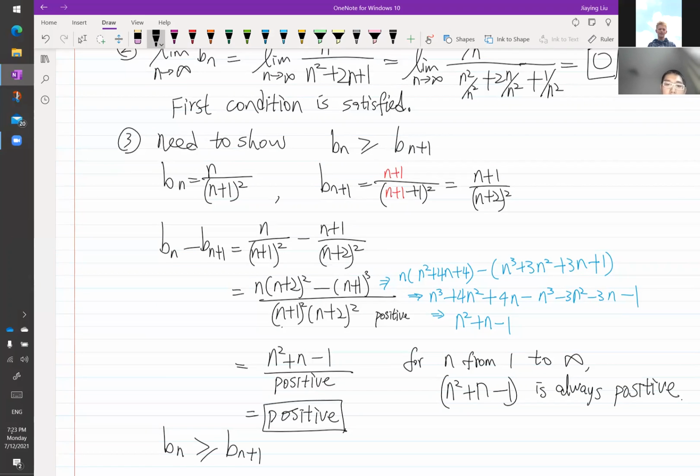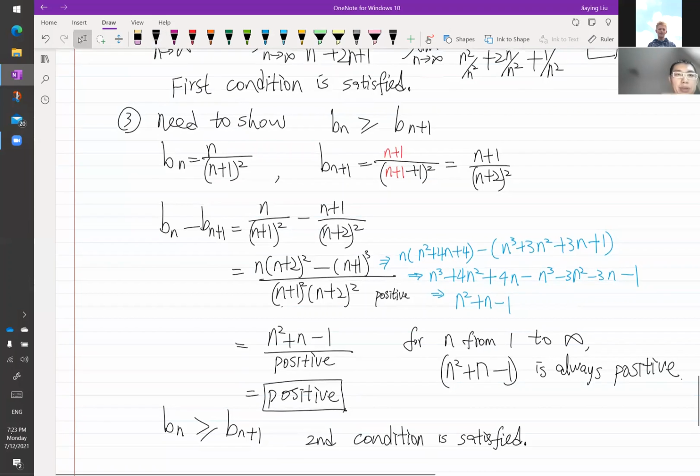So that's the second condition satisfied. Now both conditions are satisfied, and this is an alternating series. So from the alternating series test, if both conditions are satisfied, therefore this series is convergent.